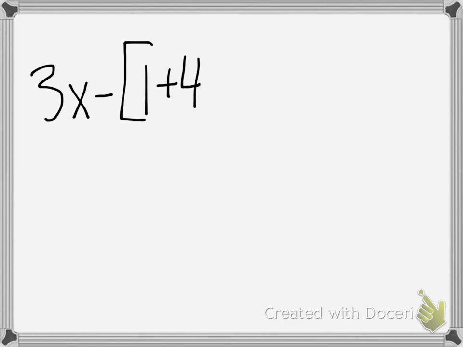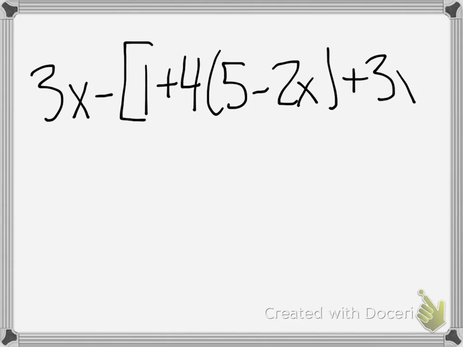Last thing we need to talk about is you can use all of these rules that we've already learned to simplify complicated algebraic expressions. Let's get an example. Say I have 3x minus 1 plus 4 times 5 minus 2x plus 3x. Whenever you see something complicated like this, you just need to remember that we need to work from the inside out.